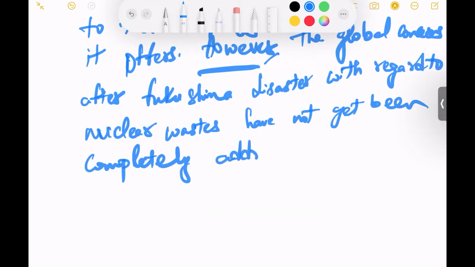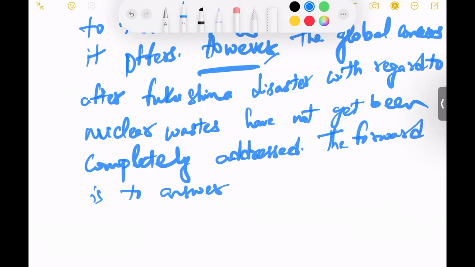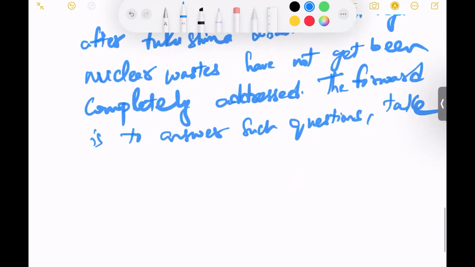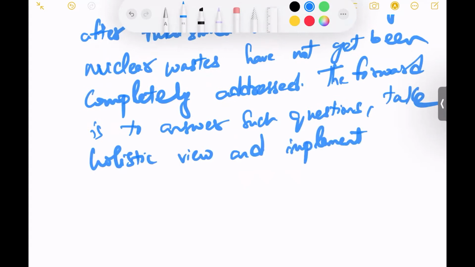The way forward is to answer such questions, take a holistic view and implement atomic energy.